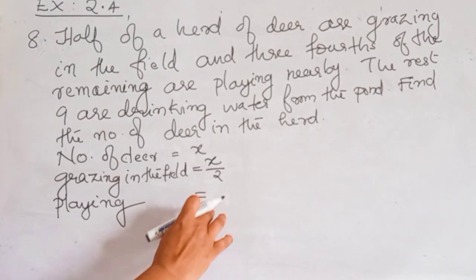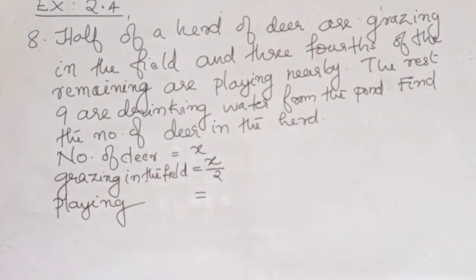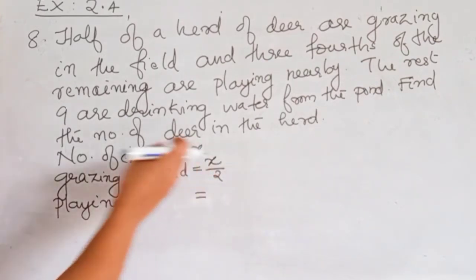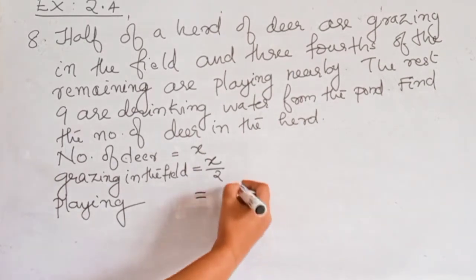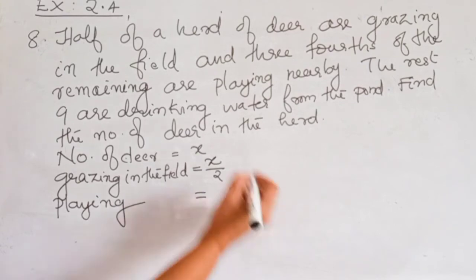Among that, half is grazing in the field, meaning 30 are grazing in the field. Then what is the remaining? Definitely it will be 30. Same way here, x by 2 is grazing in the field, so definitely the remaining part is x by 2. Hope the concept is clear to you.